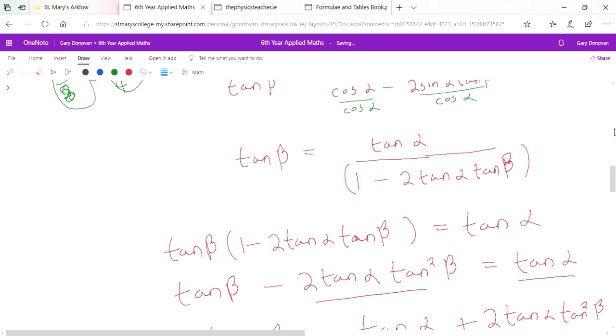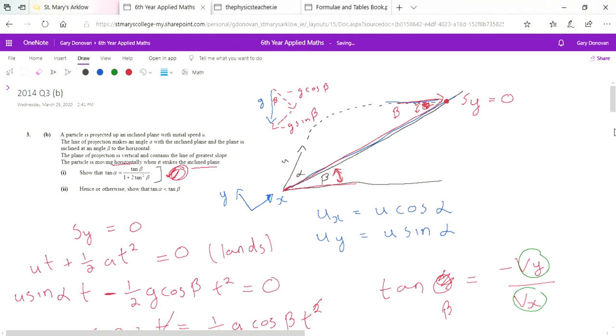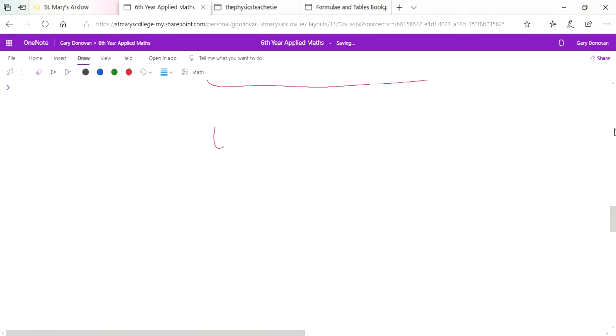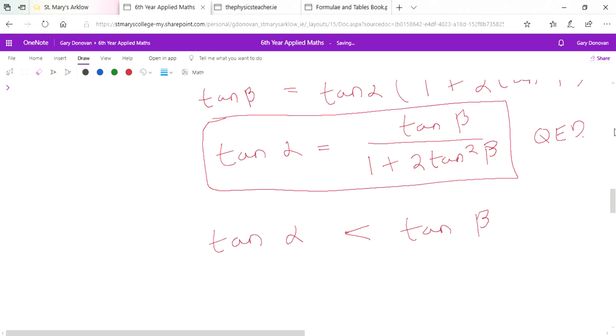Okay, so that's part 1. Part 2 then: hence or otherwise show that tan alpha is less than tan beta. So we want to show that tan of alpha is less than tan of beta. Well, let's have a look at tan of alpha. This is tan of alpha here, and it includes tan beta in the term.